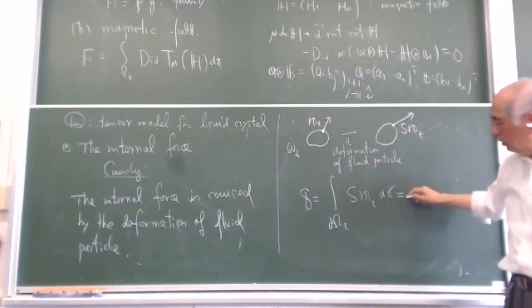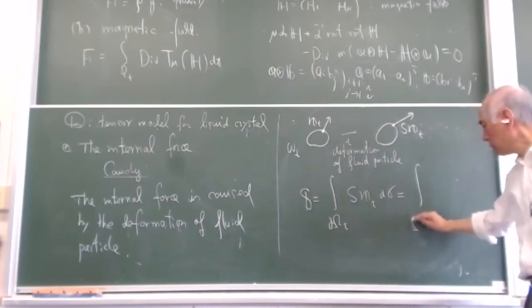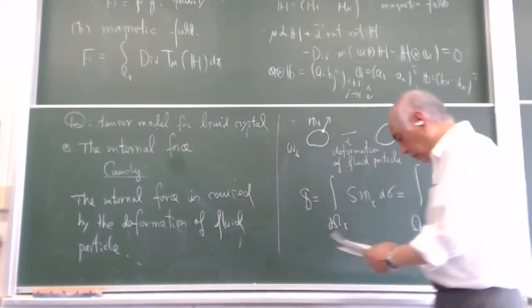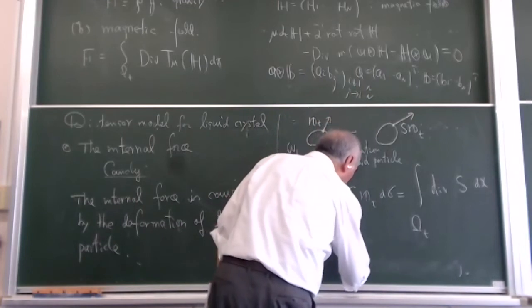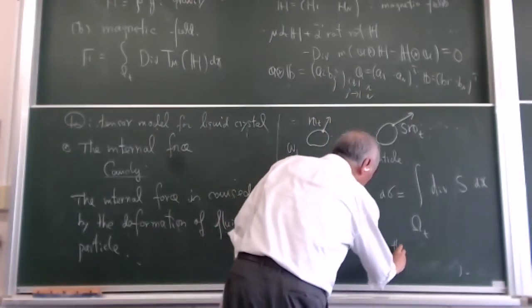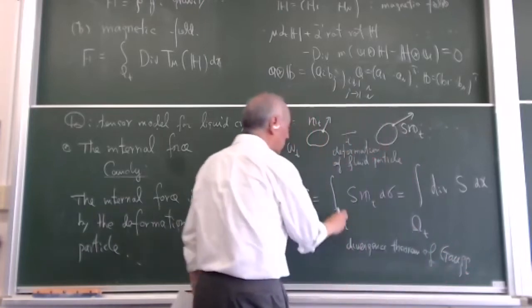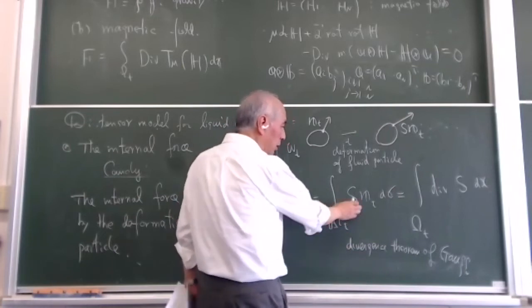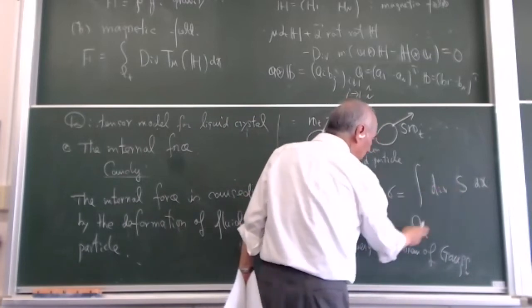Then by using Gauss's formulas, this gives S. The theorem of Gauss says the integration on the boundary is equal to the integration of divergences.